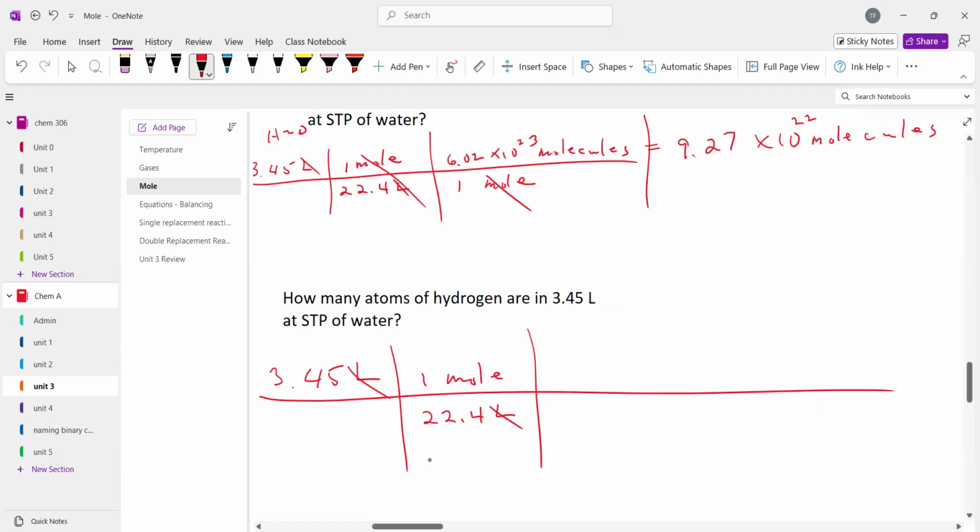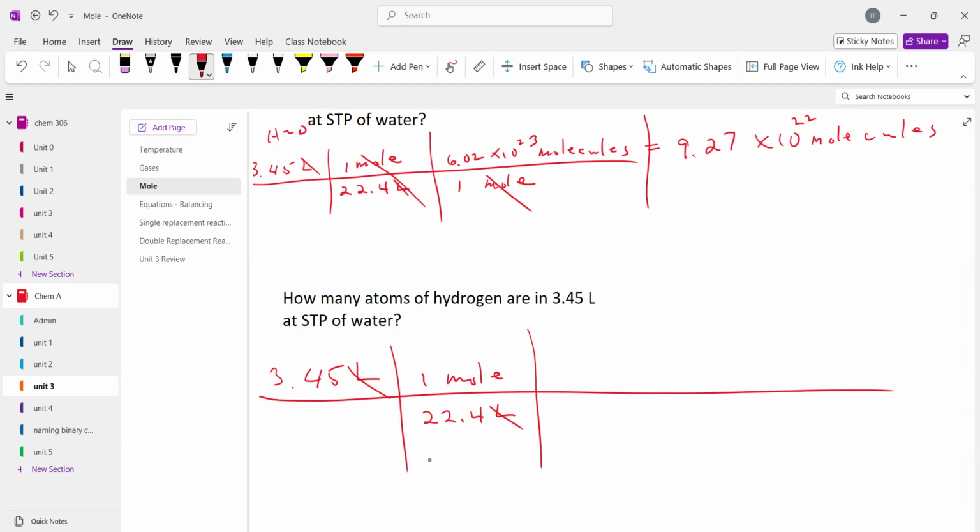Up at the top one, notice I said 6.02 times 10 to the 23rd molecules, because I want to know how many molecules of water. Here I want atoms of hydrogen. So if I know how many bicycles I have, then I can find out how many wheels I have. Okay? Because now the ratio is 2 to 1.